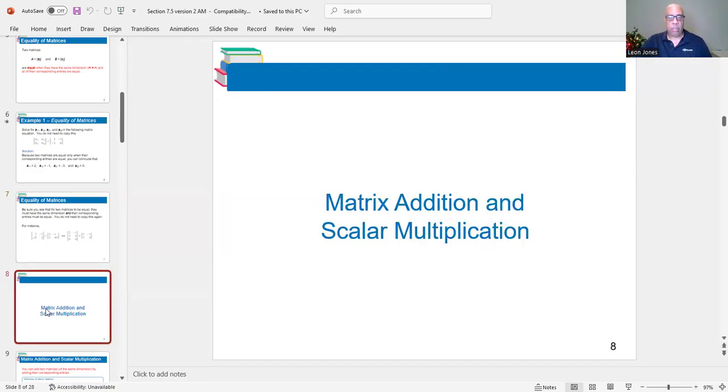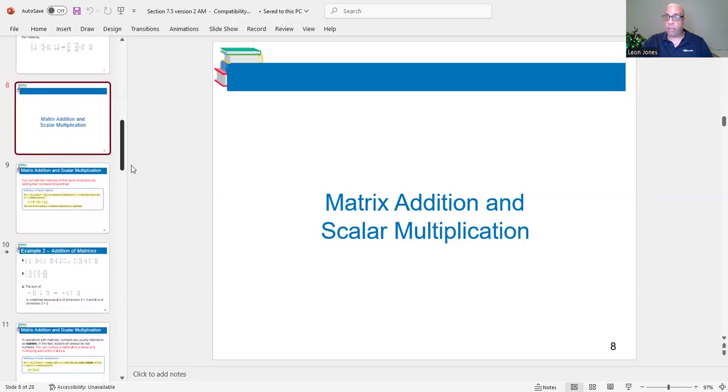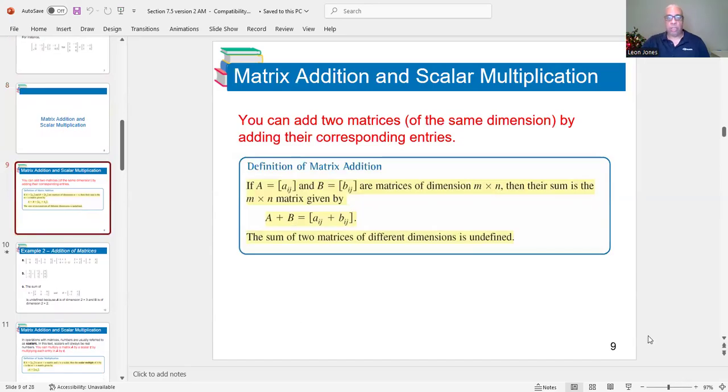Now we get into matrix addition and scalar multiplication. And you can solve a number of these matrices on a calculator as well. You can add two matrices of the same dimension by adding their corresponding entries.